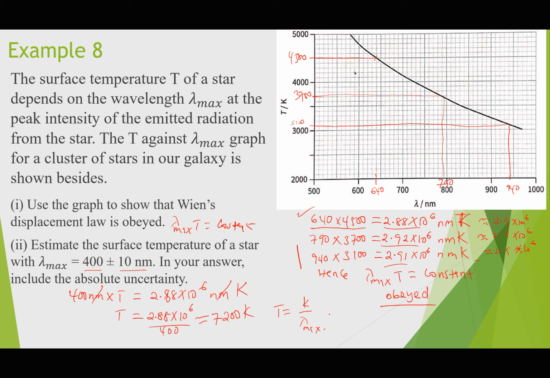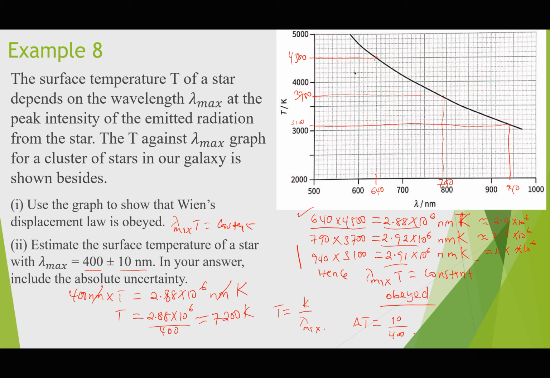The fractional uncertainty in the reciprocal is equal to the fractional uncertainty. So the absolute uncertainty in T is equal to the absolute uncertainty in lambda max, which is 10, divided by lambda max, which is 400.